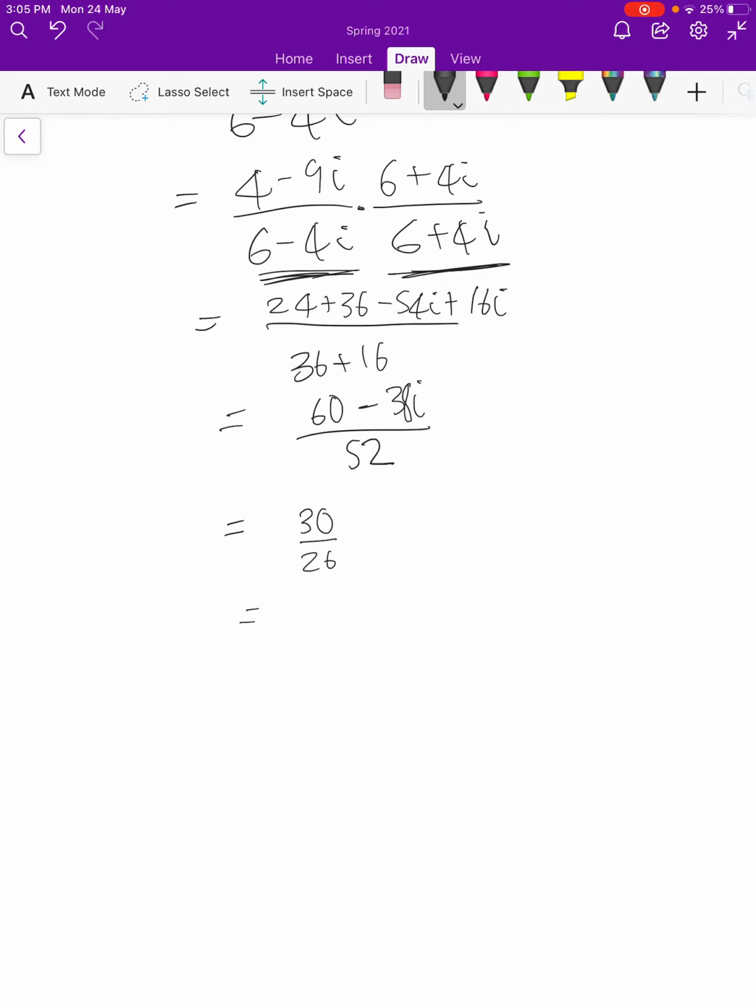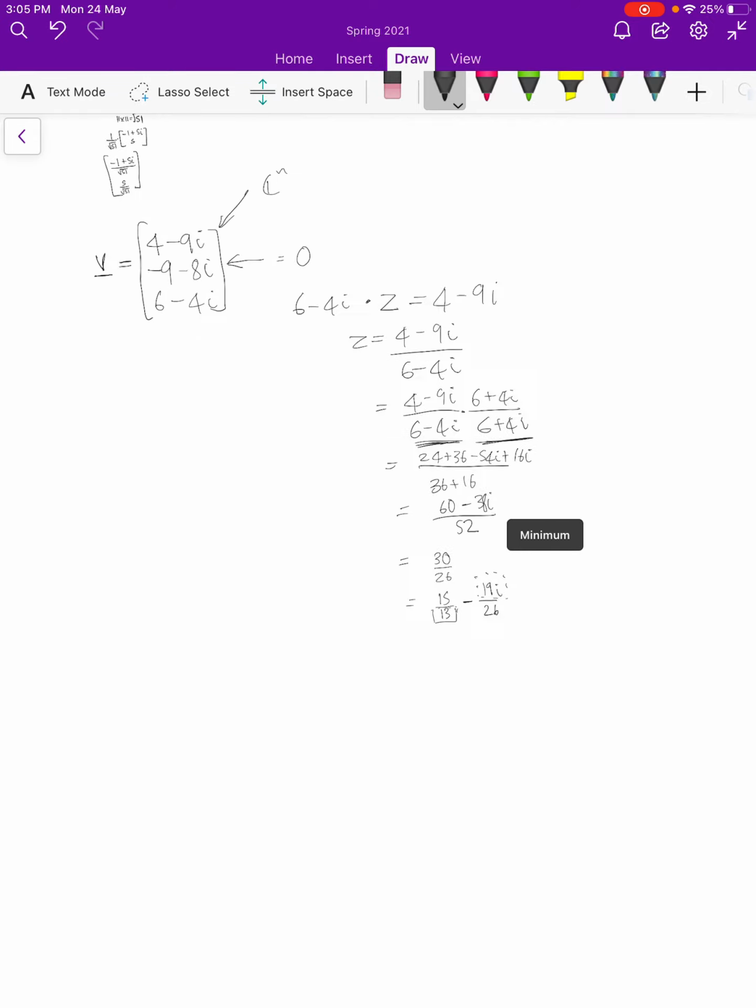So that's 15 over 13. Now 13 is a prime number, so we're not going to have any multiples left. So we're all simplified there. What about the complex part? We're going to have 38 is 19 over 26. And 19 is also a prime number, so there's no more simplification.